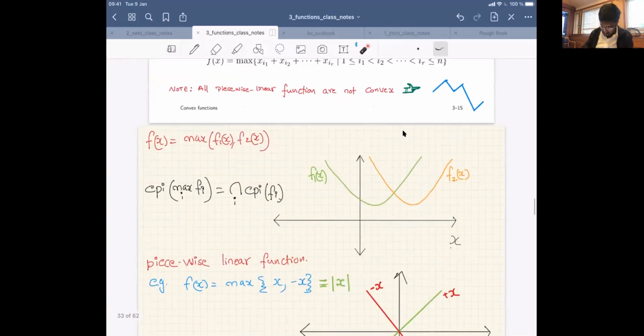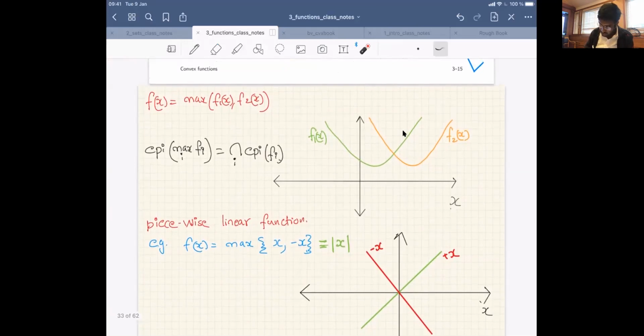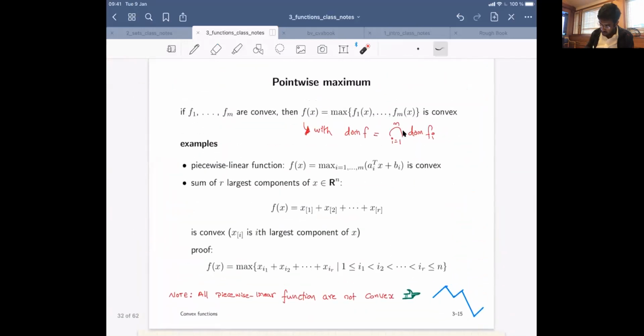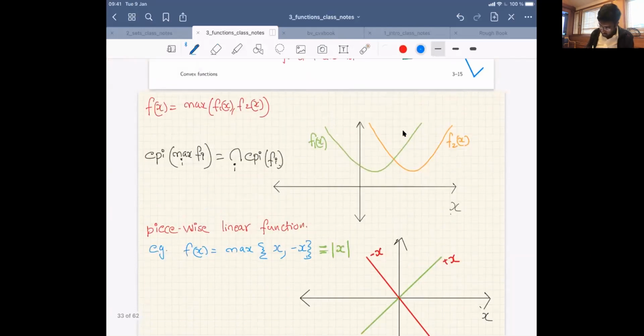So let's see an example. Here I am considering two functions. f of x is the pointwise maximum of f1 of x and f2 of x. So my f1 is this, f2 is this. Now I take the pointwise maximum. My domain is very important: it should be the intersection of the domains of the two functions.